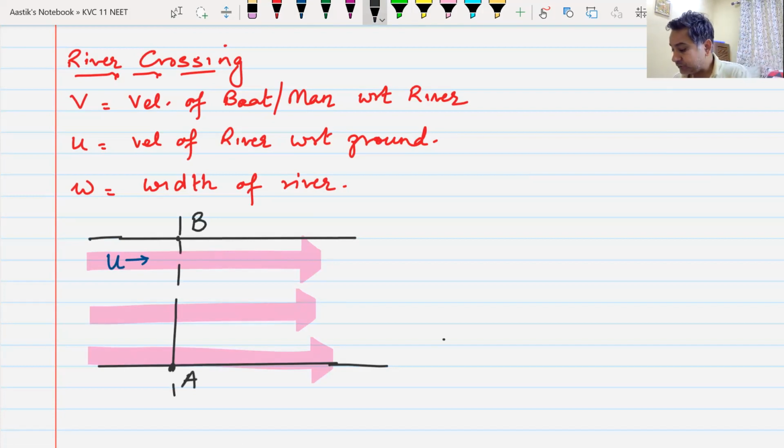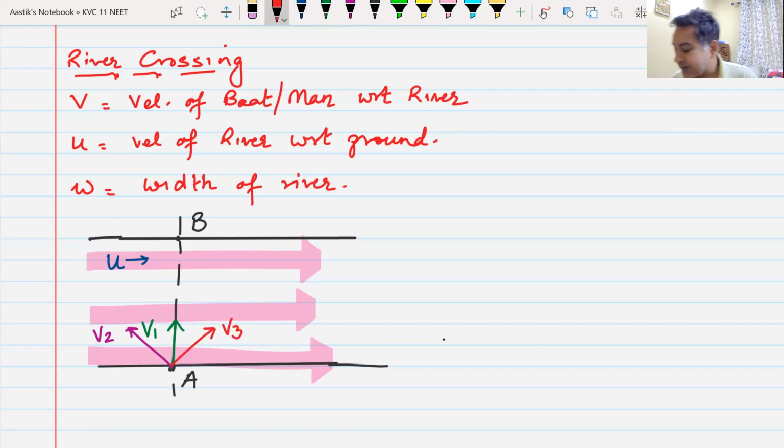Now he can move in different ways. For example, in the first case, he can move directly like this, case number 1, or he can move in this direction, that would be our case number 2, or he would move in this direction, that would be case number 3.